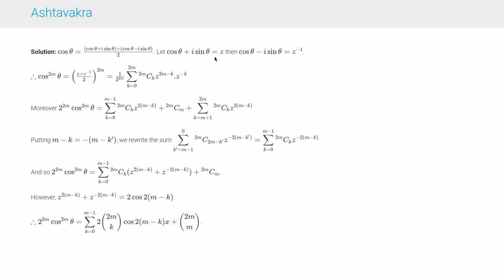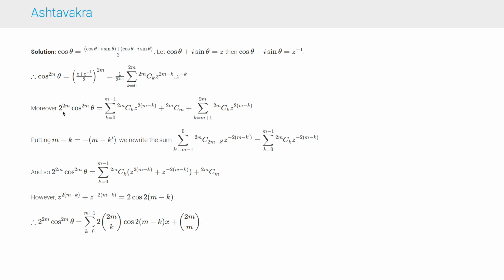Now we let cos theta plus i sin theta is equal to z, then cos theta minus i sin theta is equal to z inverse. So cos to the power 2m theta is equal to ((z plus z inverse) by 2) whole to the power 2m. Now this can be written as 1 by 2 to the power 2m sigma k is equal to 0 to 2m 2mCk z to the power 2m minus k dot z to the power minus k.